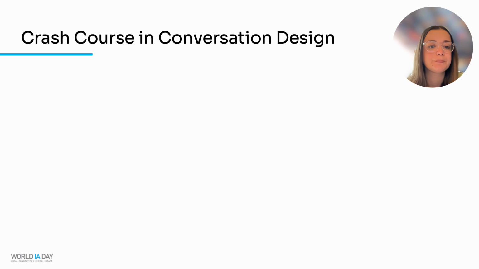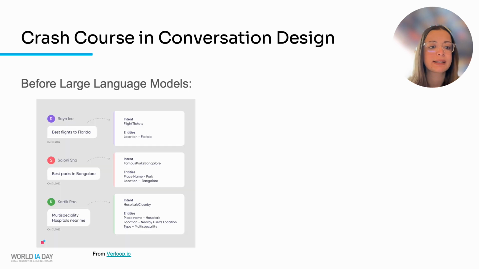So before large language models came out, the way that things were typically done was that sentences were divided into intent and entities. So intent is the purpose of the sentence. Let's say I come to a bank chatbot and I say, I want to transfer £100 to my mom. The intent of that sentence, or my intention when I say that sentence, is bank transfer.